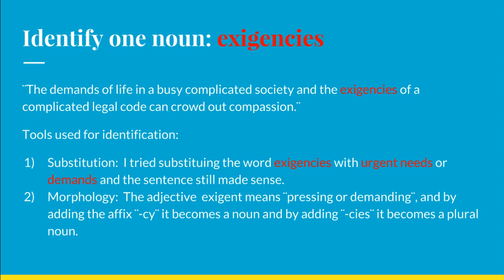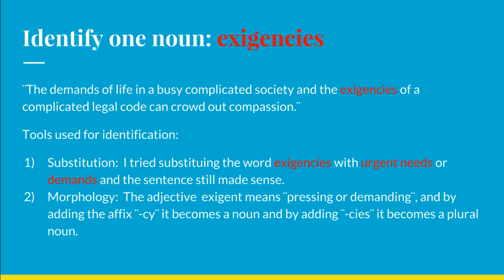And the sentence is, the demands of life in a busy, complicated society and the exigencies of a complicated legal code can crowd out compassion. Two of the tools that I used for identification were substitution and morphology.